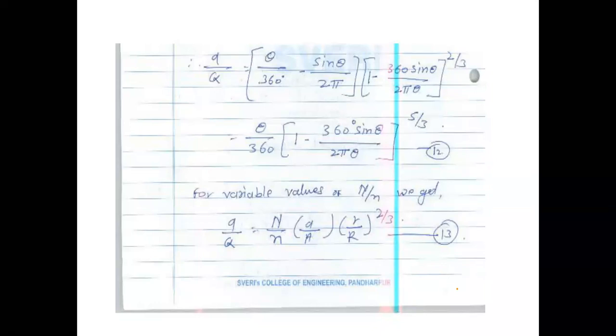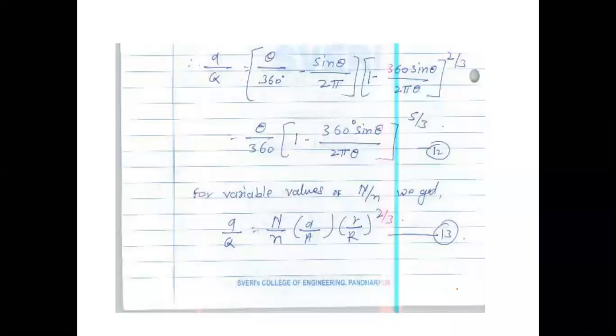Then we'll go to the case of variable values, that is Q upon capital Q is equal to... Here we have assumed the condition small n upon capital N is equal to 1.